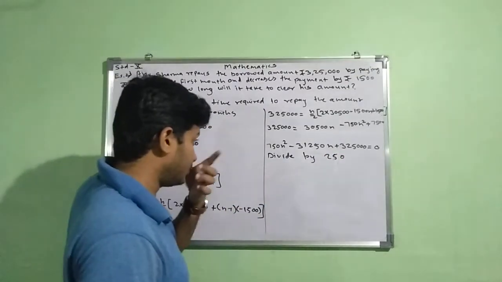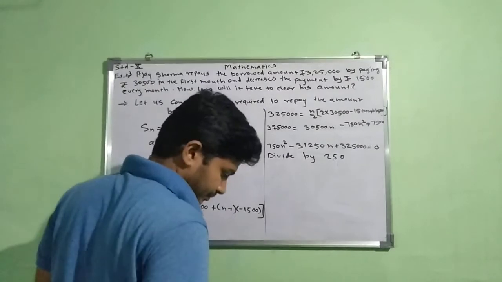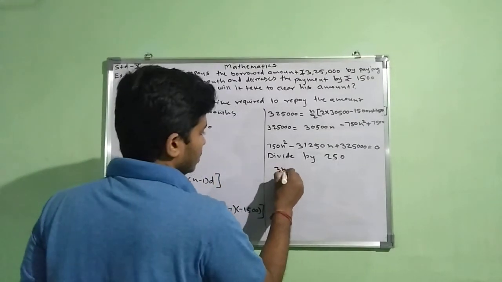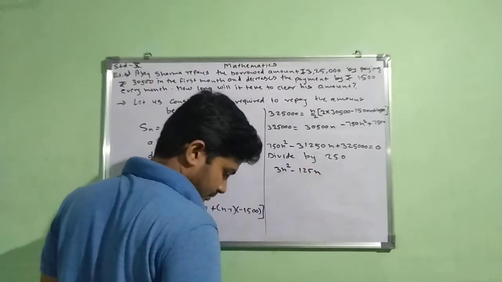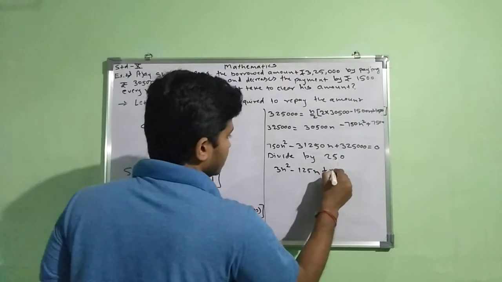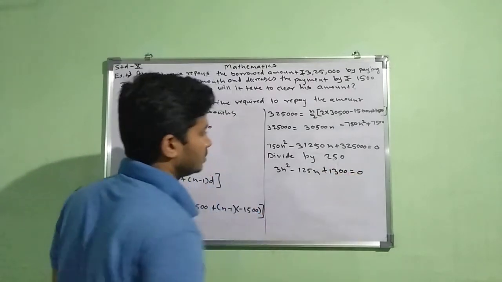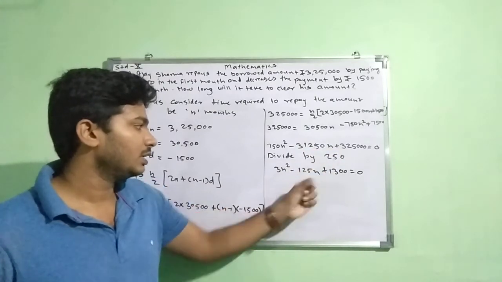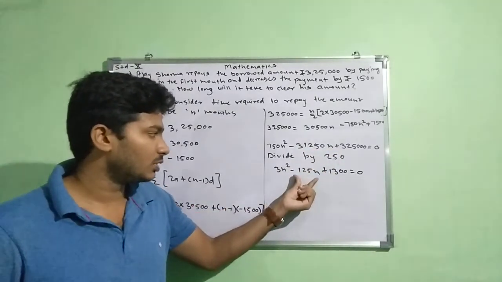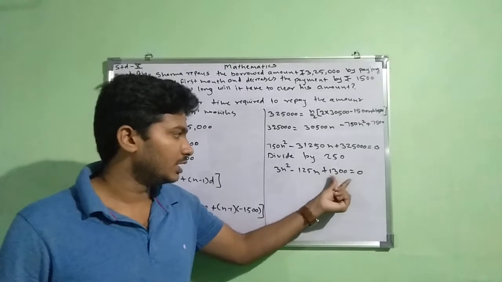So after dividing by 250, we will get 3n square minus 125n plus 1300 is equal to 0. Okay, we divided all three terms by 250 and we get 3n square minus 125n plus 1300 is equal to 0.